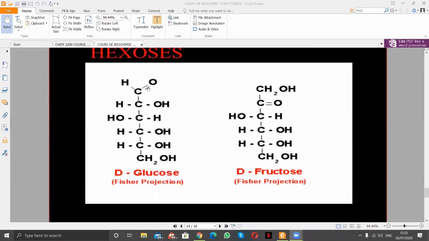Then here you can take a good look at why you can differentiate these two. And one thing you need to take note of, always bear this in mind, put it on your heart. A glucose is an aldehyde or aldose.